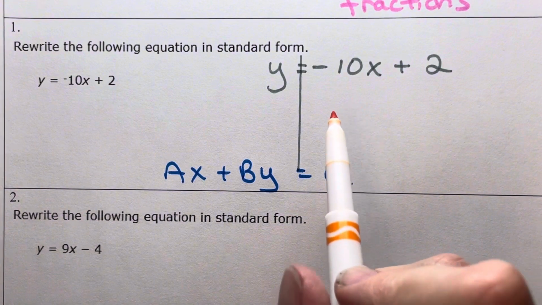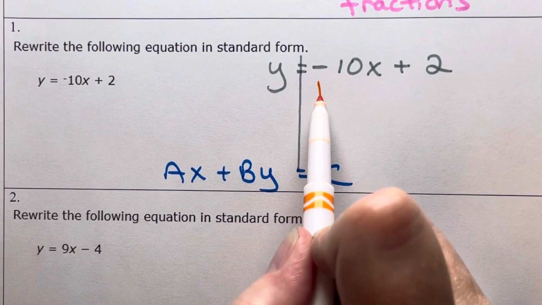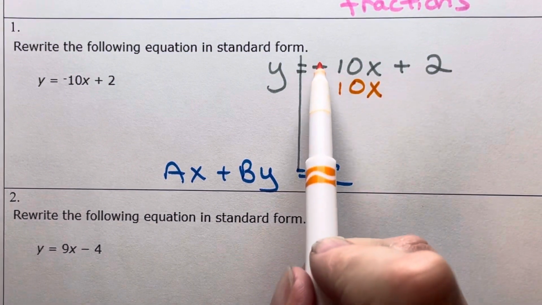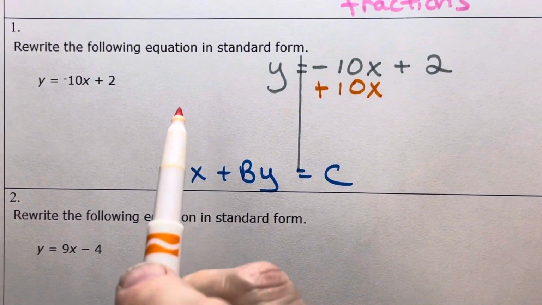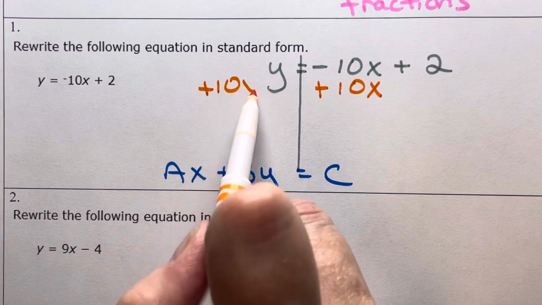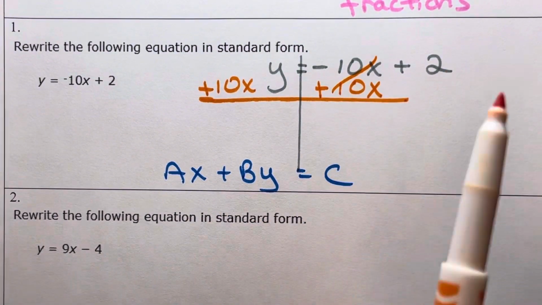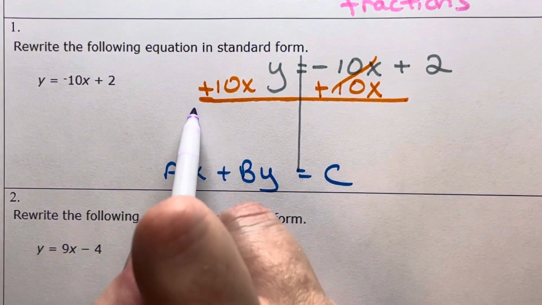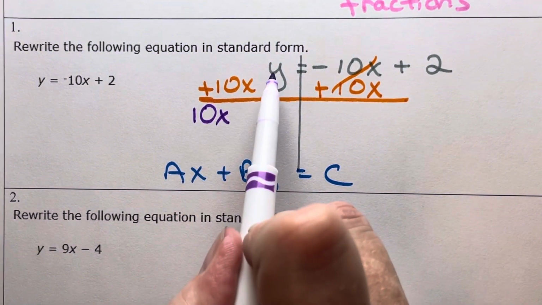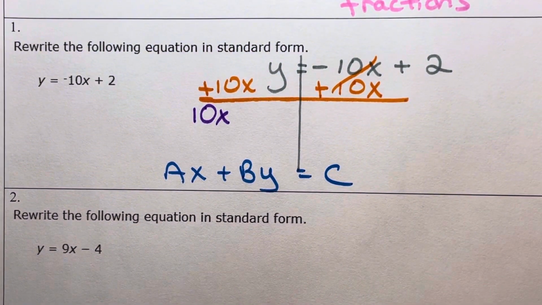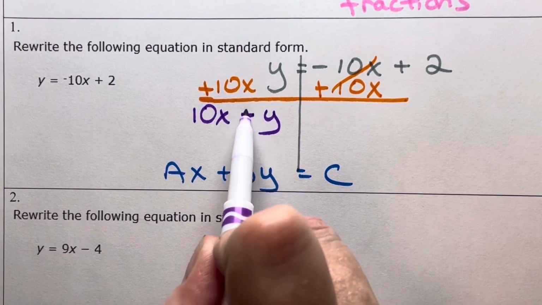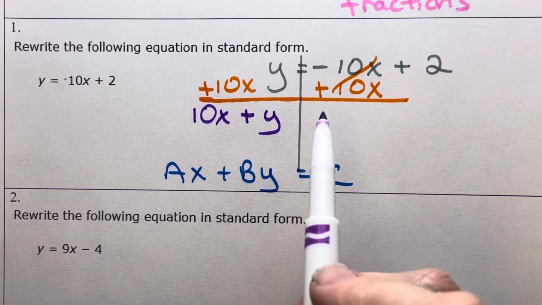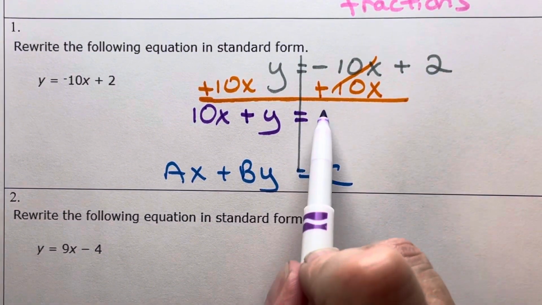So as you have learned previously, to get things to move across the river or to the other side of the equation, we do the opposite of the sign that is there, and what you do on one side of the river, you do to the other. As a result, we end up with 10x, and this y is positive. So there is a plus sign right in between our x term and our y term, equaling 2.